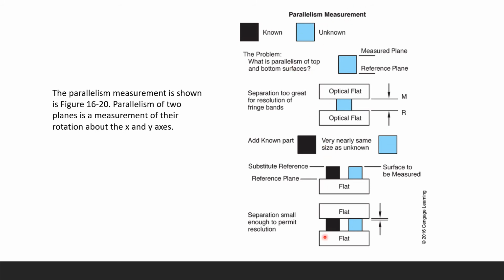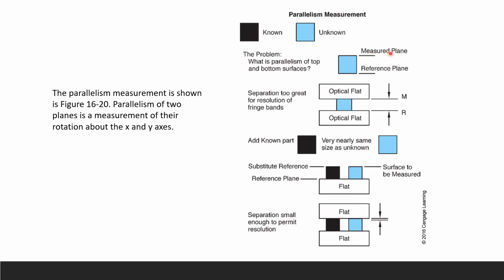So parallelism on two planes is a measurement of their rotation about the x and y axis. So with gauge blocks, a surface can always be constructed within the resolution range of optical flats. So here is our known part and here is our unknown part.